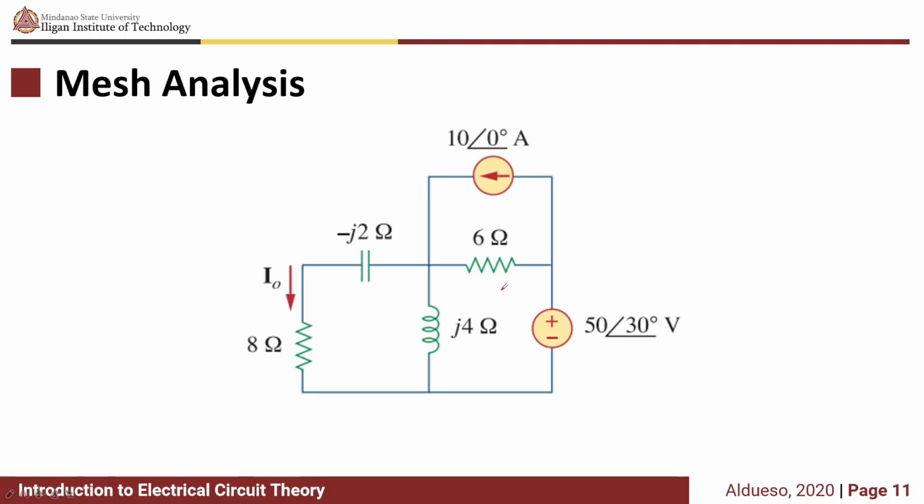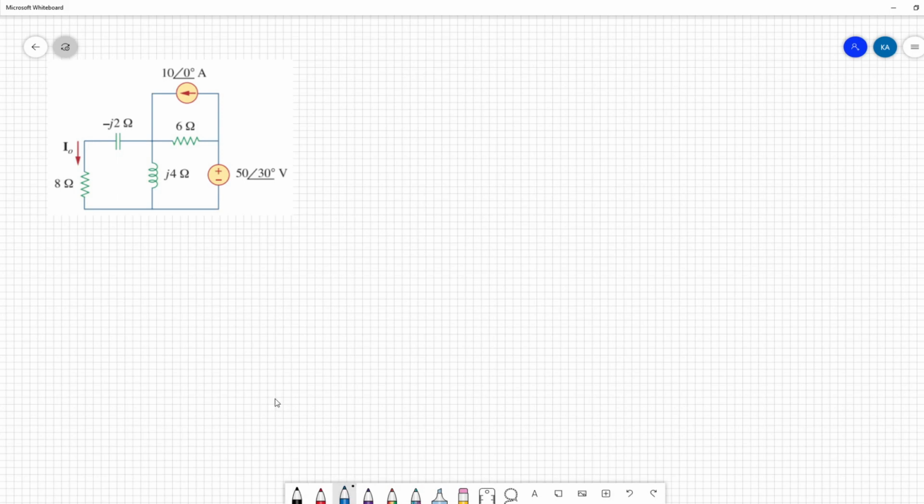Now for our next example, we'll use mesh analysis. So let's label our mesh currents. Our negative IO. This is negative 10 angle 0.